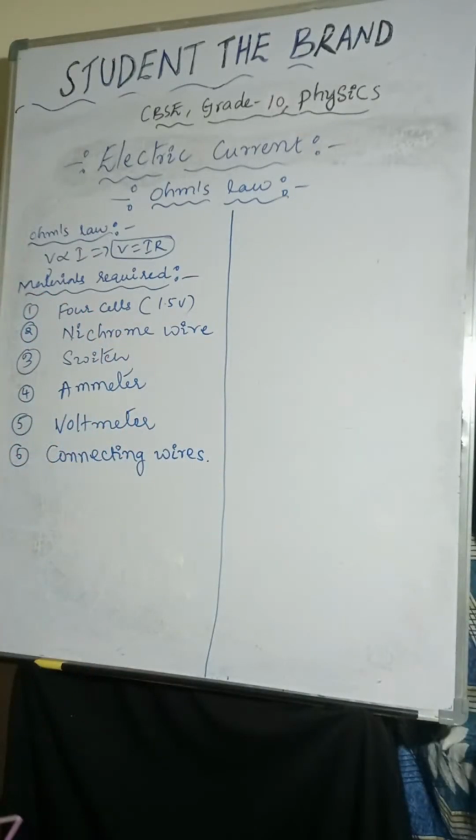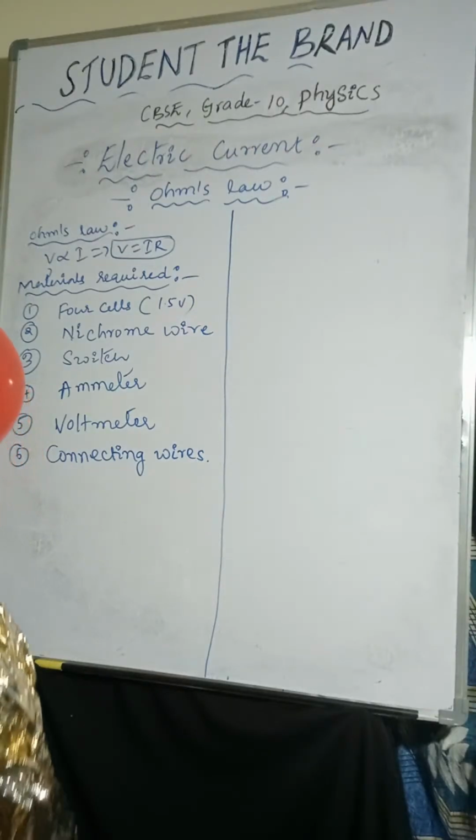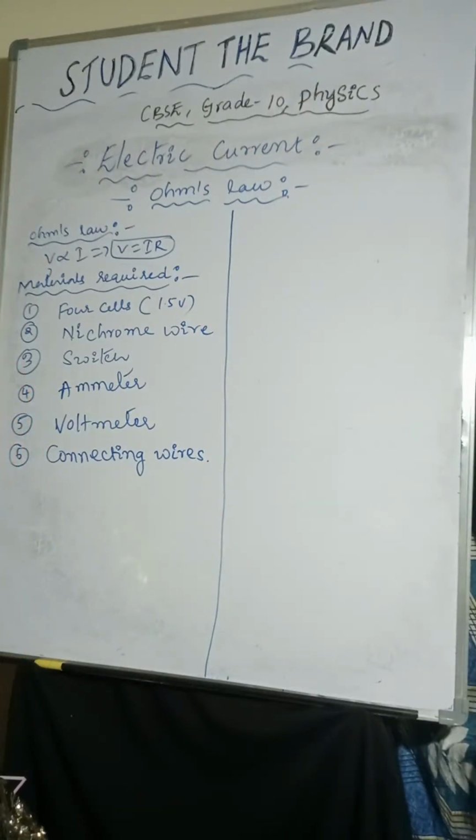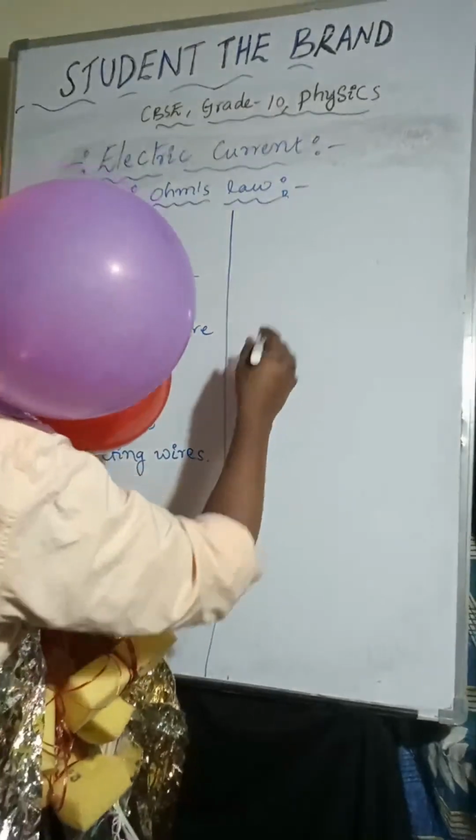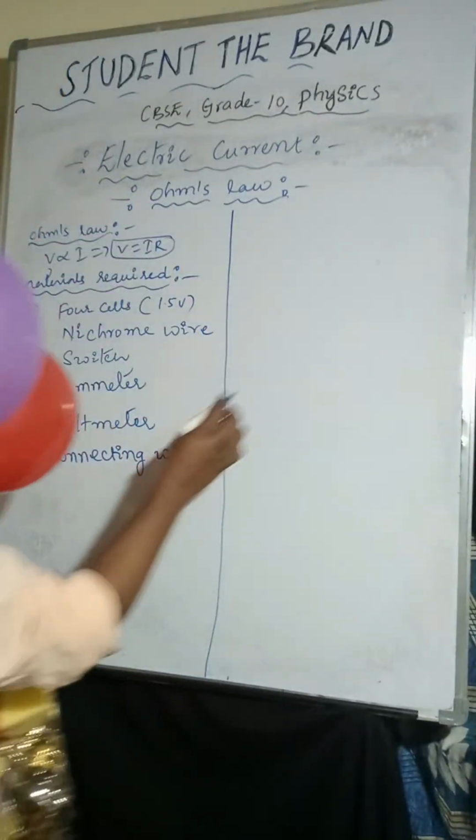So 4 cells, 1.5 volts each, nichrome wire, switch, ammeter, voltmeter, connecting wire. So circuit diagram, I'll draw here. So here you can see.